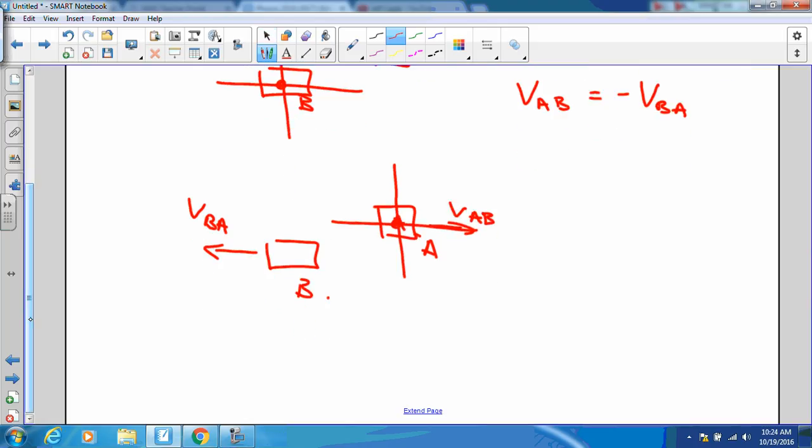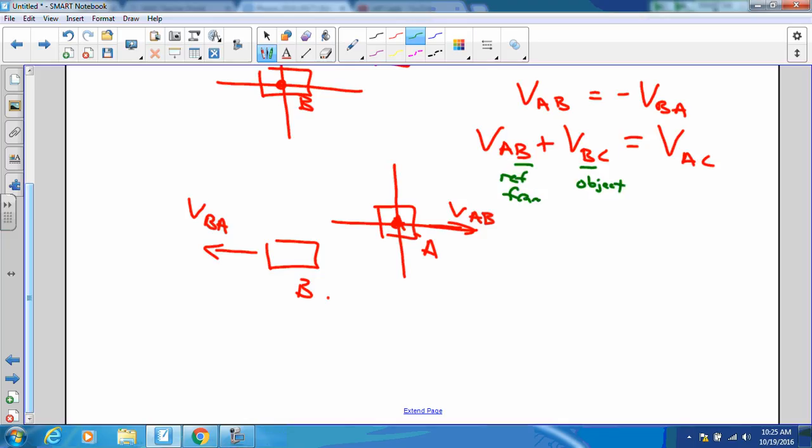Then the second rule that we had was that if I add the velocity of A relative to B and the velocity of B relative to C, then what I get is the velocity of A relative to C. And the key to making this work is to make sure that the object in the second case is the reference frame in the first case.